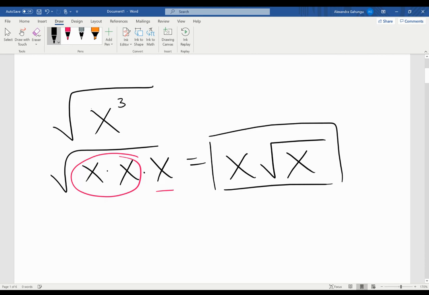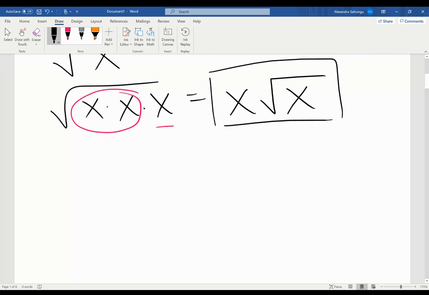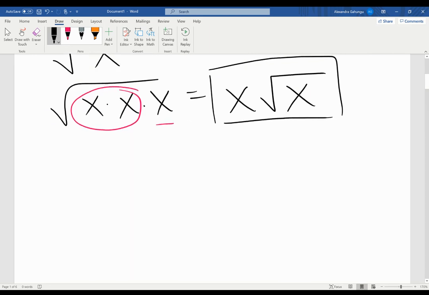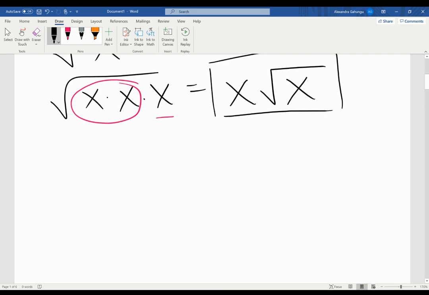So that's the principle behind it, but do we really want to always draw them out? Not necessarily, because what if we had x to the 11th here? Do we want to write all 11 out? No. What we want to do is take our exponent, 11, divide it by 2, and that'll tell us how many buddies we'll be able to have. And the remainder will stay inside of the house.